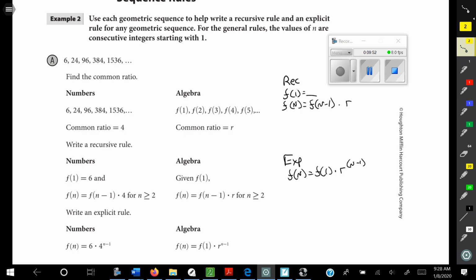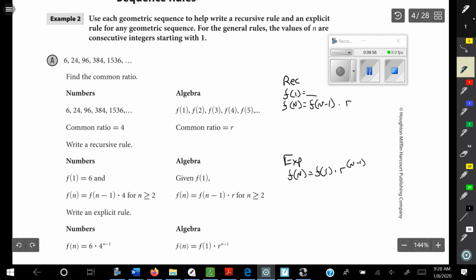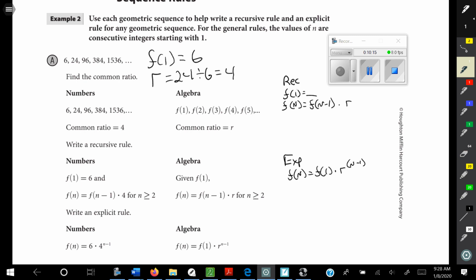So the first thing I would do is find the first term, which is f of 1. And f of 1 is the first term, which is 6. And then I'm going to find my common ratio. My common ratio is 24 divided by 6, which is 4. I'm going to plug those into the formula here.